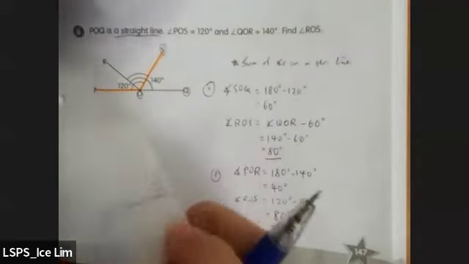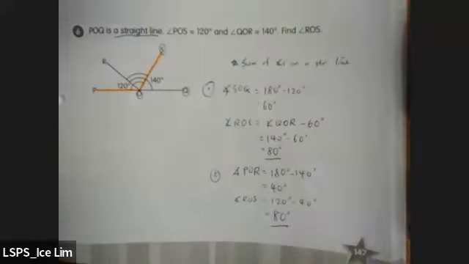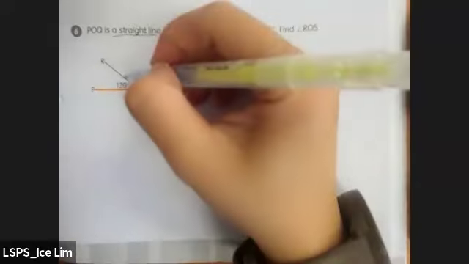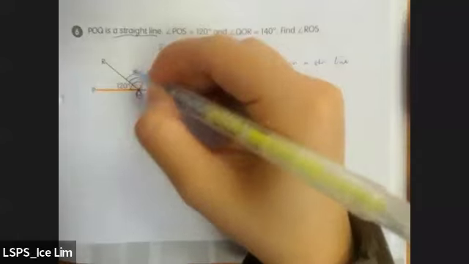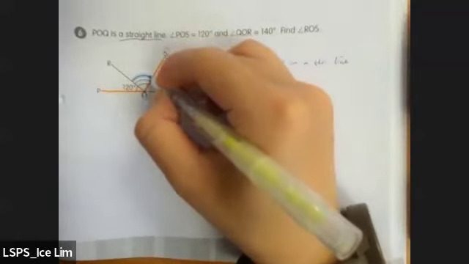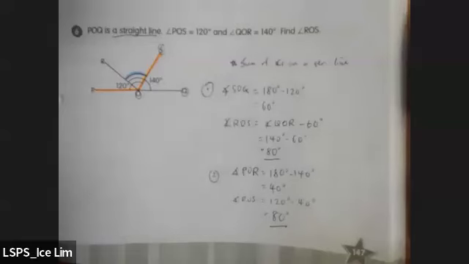Essentially, you need to be able to tell that this angle ROS here is a part of something, part of POS and also part of ROQ. So you use a part relationship. Remember how we use the pizza slices?